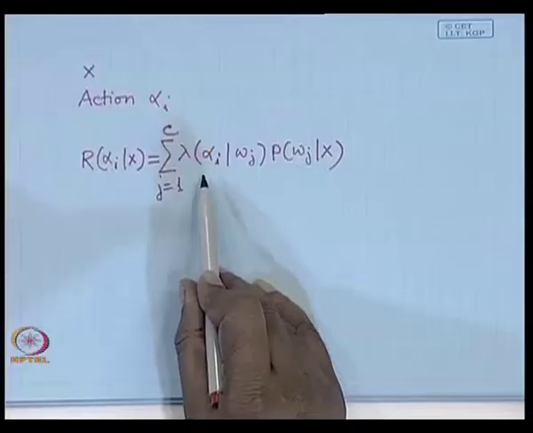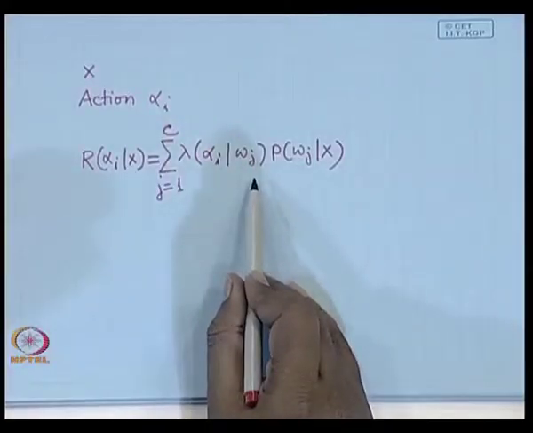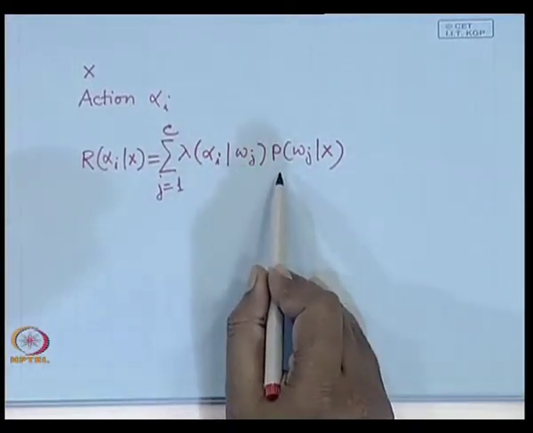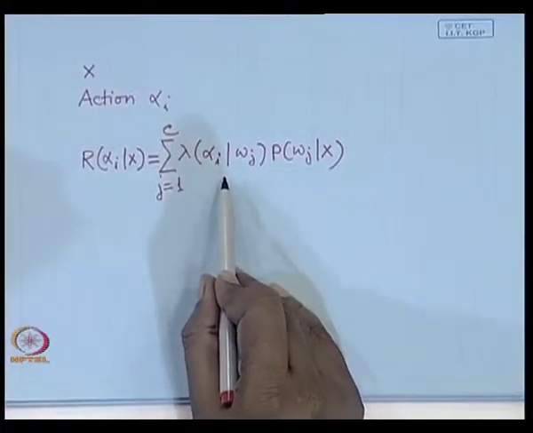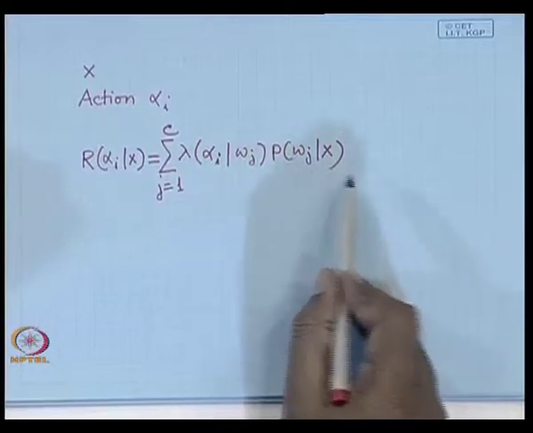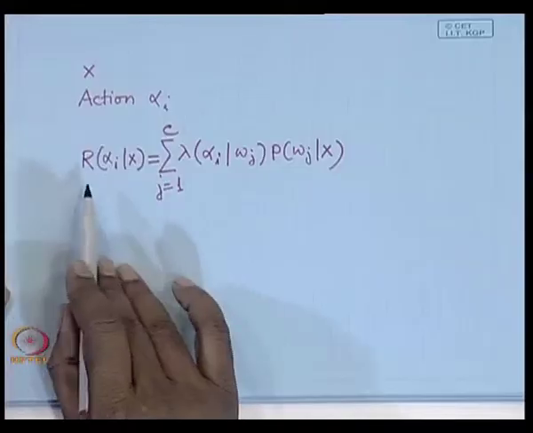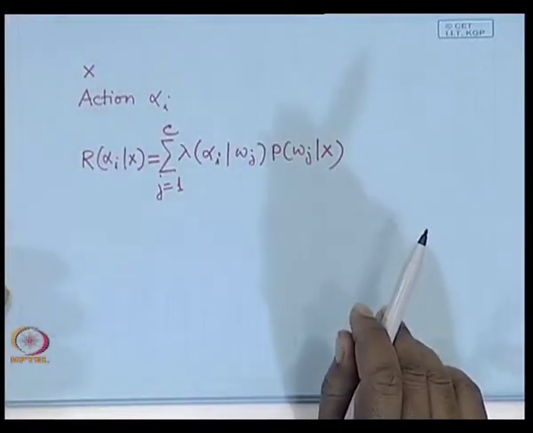So, if the true state of nature is omega j, then my loss is lambda of alpha i given omega j. Then I have to multiply this with the probability of the true state of nature being omega j given my observation vector x. Take the summation over all the states of nature, that is j equal to 1 to c, and that gives you the expected loss, which we are calling r of alpha i given x.